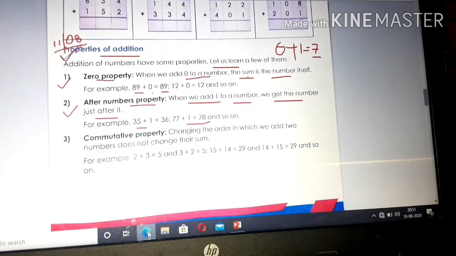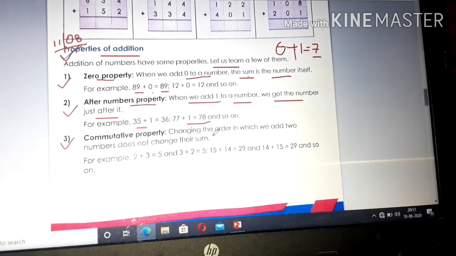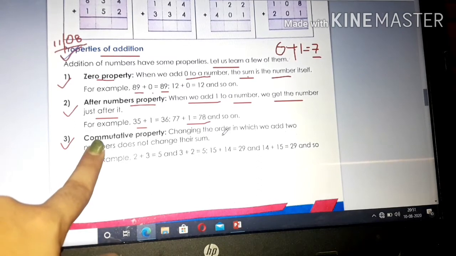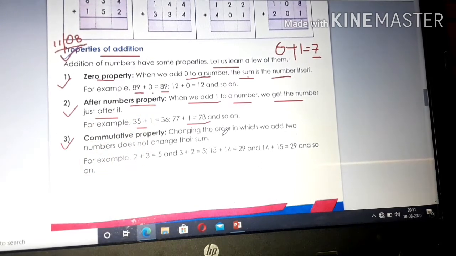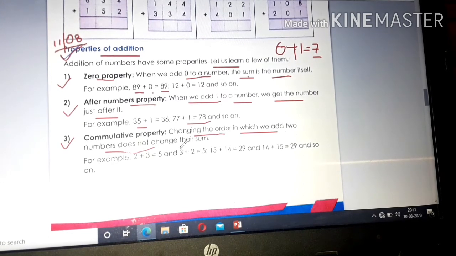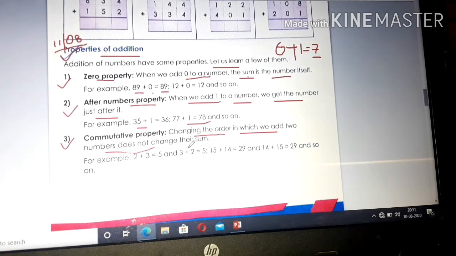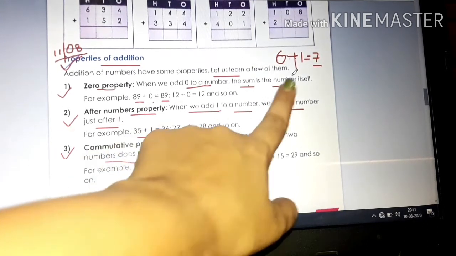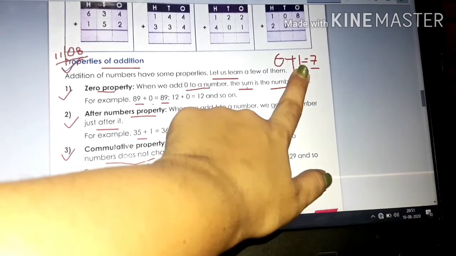Now the third property is commutative property. What is commutative property? The word is, children, commutative property. Changing the order in which we add two numbers does not change their sum. Now children, suppose you have done this addition 6 plus 1.